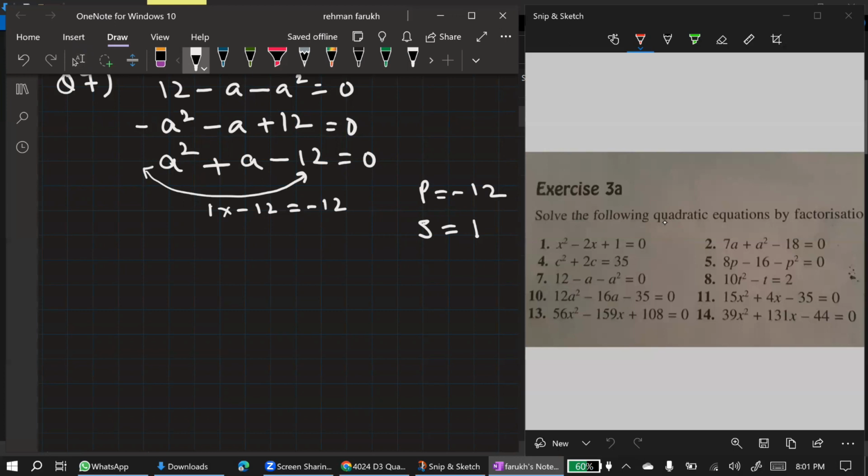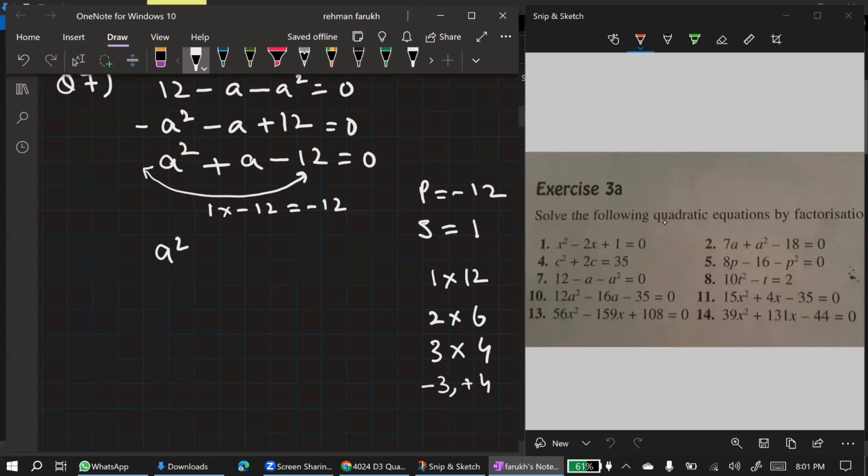We will break 12 into pairs, that is 1 into 12, 2 into 6, 3 into 4. We can multiply 3 and 4 to get 12 and we can subtract 3 and 4 to get 1. We need positive 1. So -3 and positive 4 are the pair for the middle term breaking.